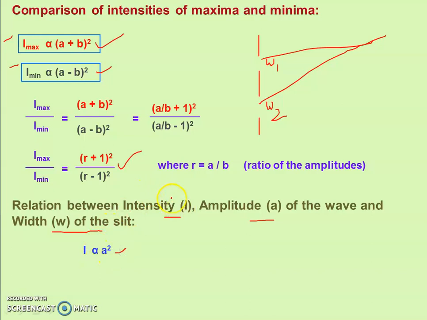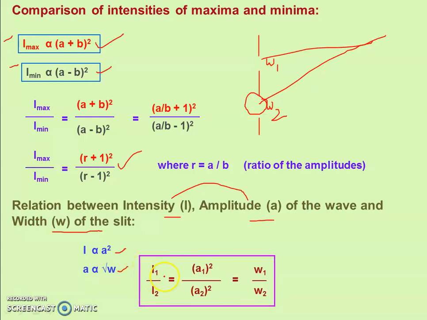This is the relation between intensity and amplitude. Now, amplitude is directly proportional to the square root of width. Higher the width, higher the amplitude of the wave. So we can write I1 by I2 equal to A1 square by A2 square equal to W1 by W2. So intensity is directly proportional to width.